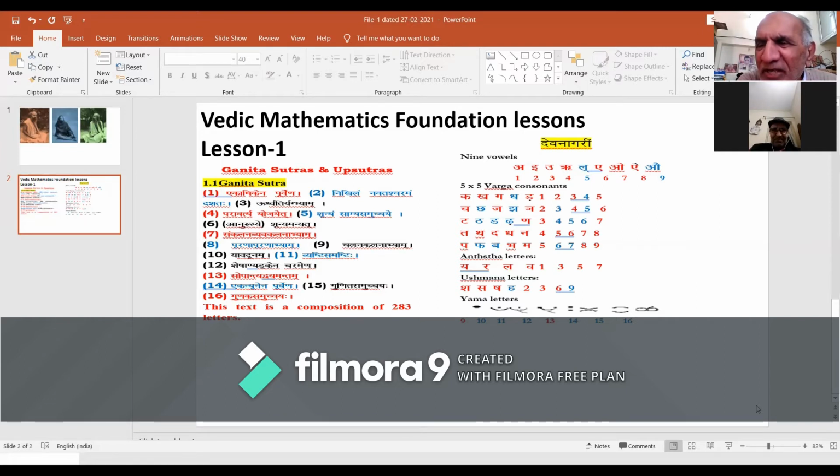Of these 283 letters, the 7 letters of Sutra 6 in bracket mean their presence may or may not be utilized, depending upon certain situations. So we can take it that we have to work out the mathematics of the 283 letters range in all.